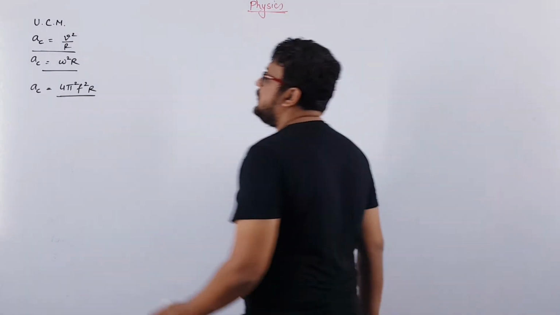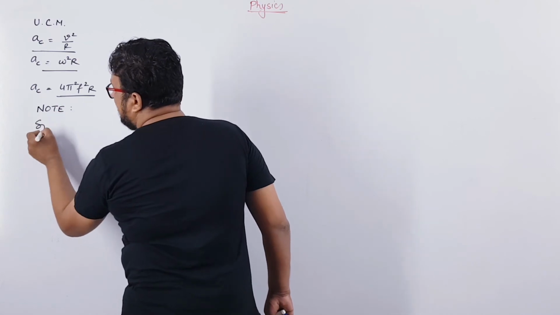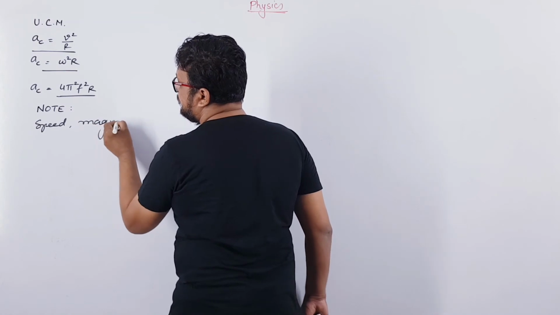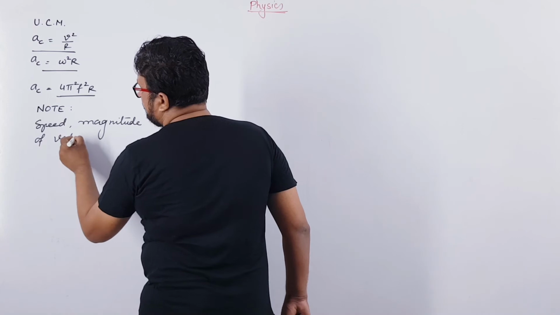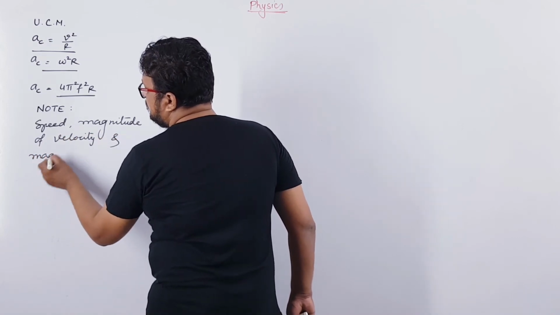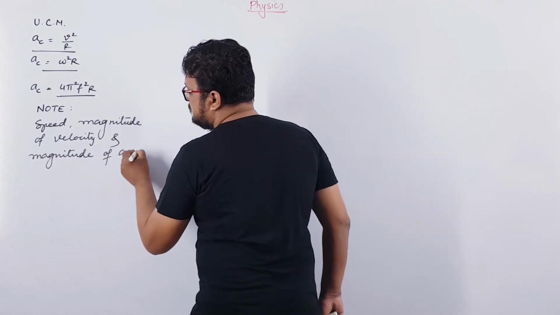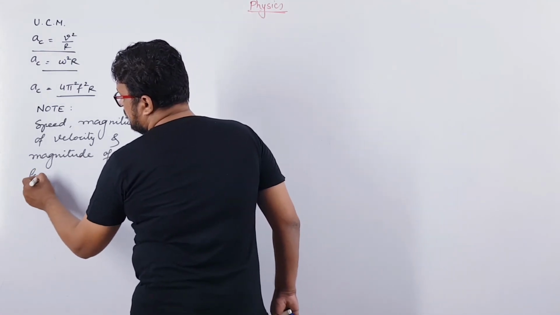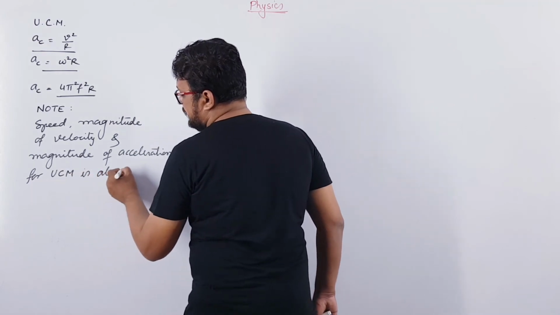All these formulas you have to remember. The most important thing, note: speed, that is the magnitude of velocity, and magnitude of acceleration for uniform circular motion is always constant.